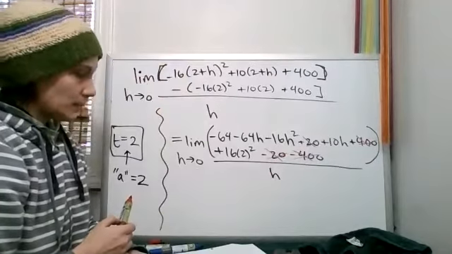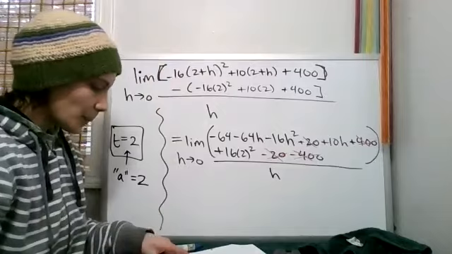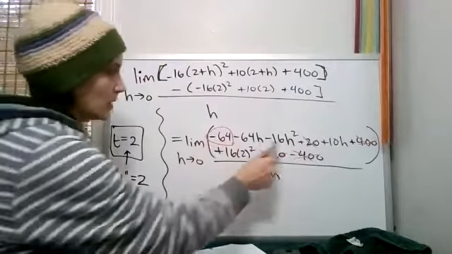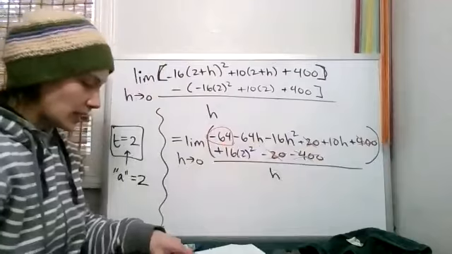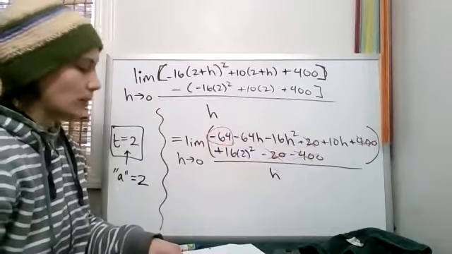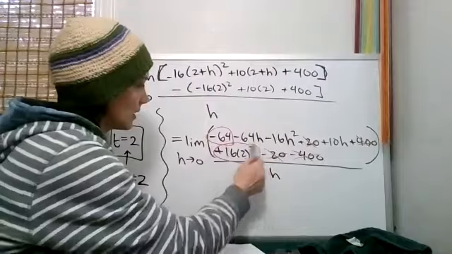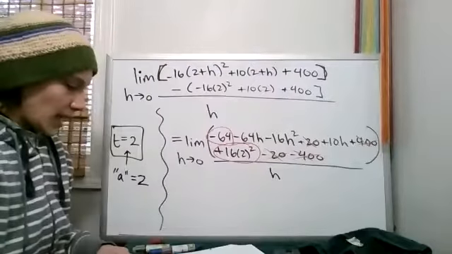And let's see, there's negative 64, a positive, oh wait, we got the 20 and the 20, that and that. Oh, 16 times 2 squared. That adds up to 0.